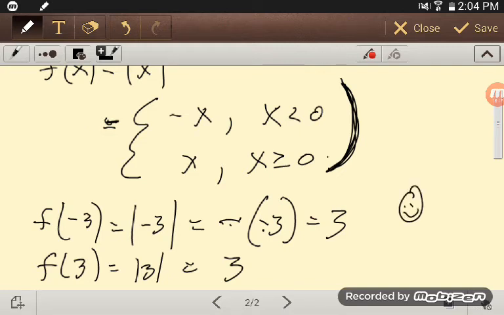Okay, there's my happy face. But when we're at places where things change, like at 0 here, it goes from one part of this definition to the other part at 0. That tends to be a problem for calculus.